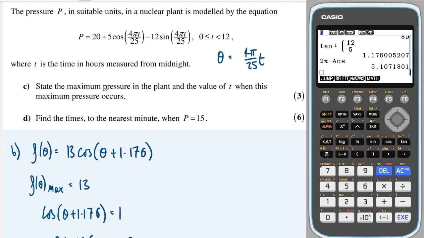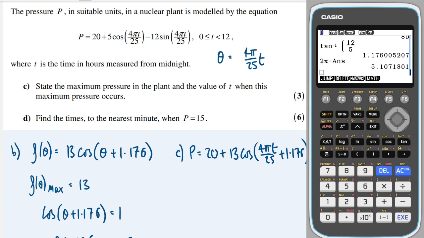It says state the maximum pressure in the plant and the value of t for which this maximum occurs. Okay, so just like before, we can rewrite this as P is equal to 20 plus 13 cos of 4 pi t over 25 plus 1.176.